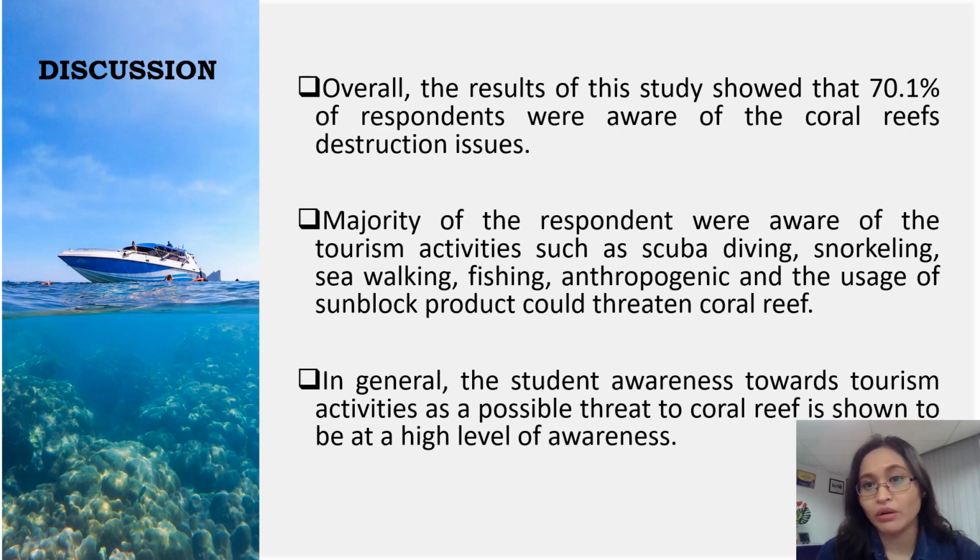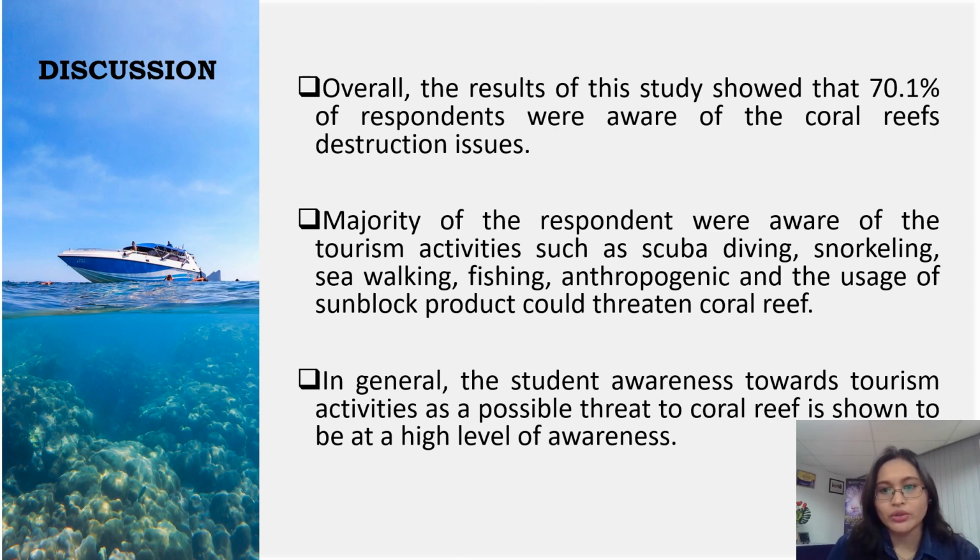Overall, the result of this study showed that 70.1% of our respondents, our students, were aware of the coral reef destruction issue. The majority were aware that tourism activities such as scuba diving, snorkeling, sea walking, fishing, anthropogenic activity, and the usage of sunblock products could threaten the coral reef.